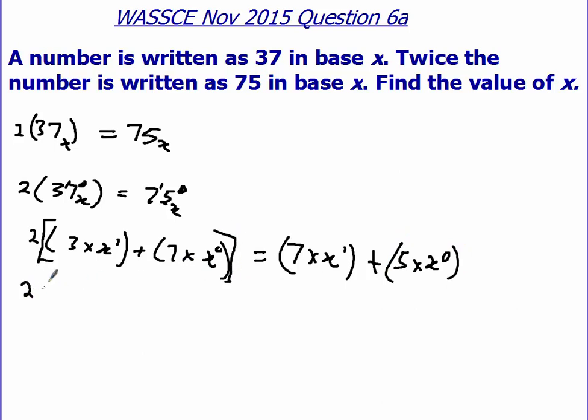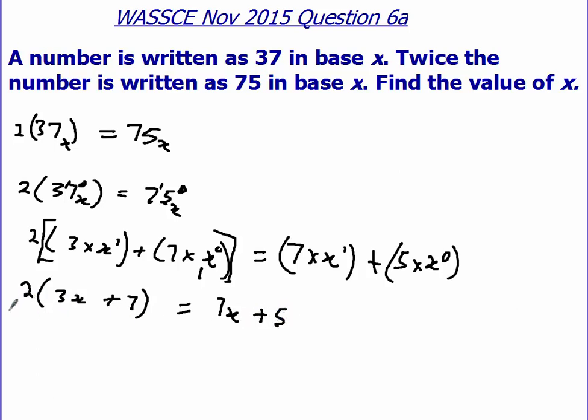So this is 2 bracket 3x plus, remember, any value to the exponent 0 is 1. So this is 1 times 7, which is 7, equal to 7x plus 5.